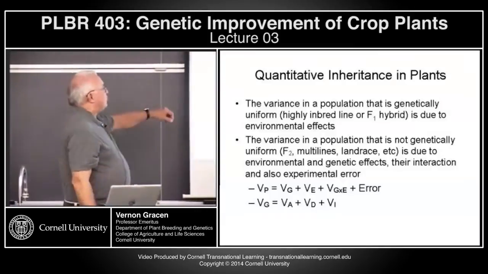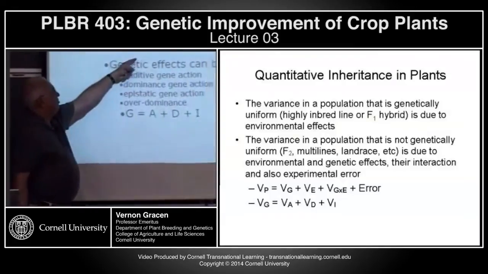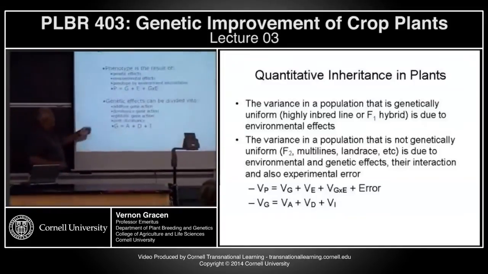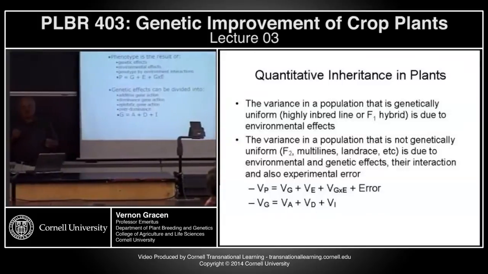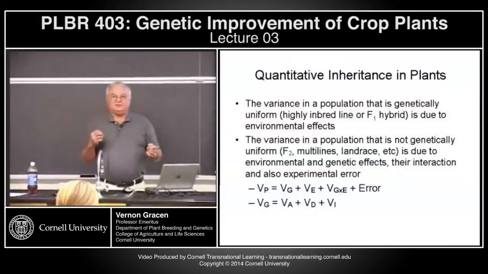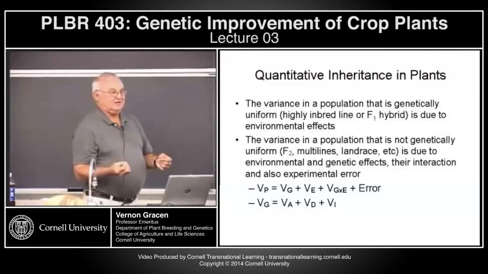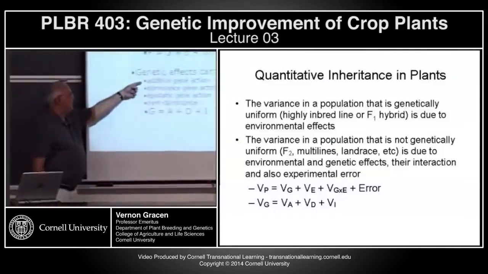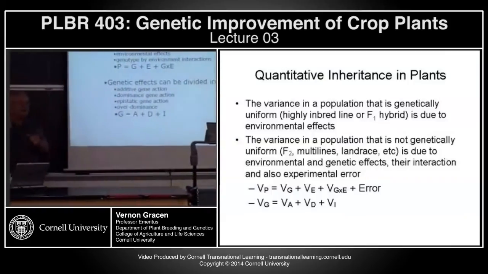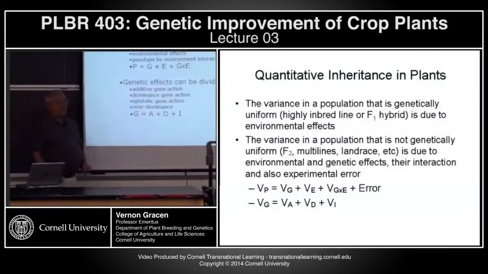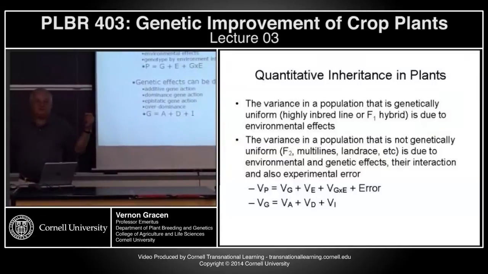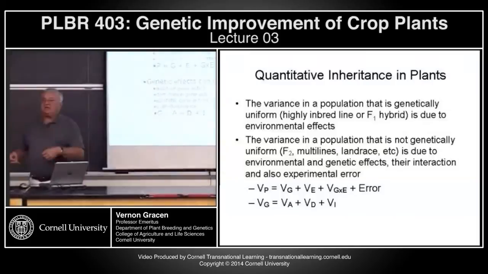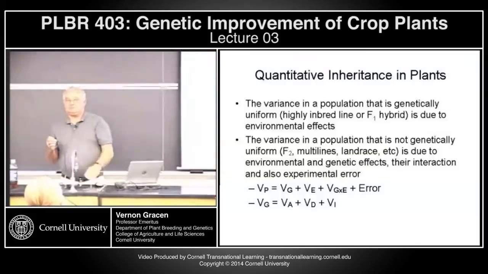And so we have to sort out which are genetic effects and which are environmental effects. Then we look at our genetic effects. We find that our genetic effects can be divided into three major categories, really two major categories and one catch-all: additive gene action and dominant gene action. And then epistatic or overdominance effects we sort of lump together as interaction effects.